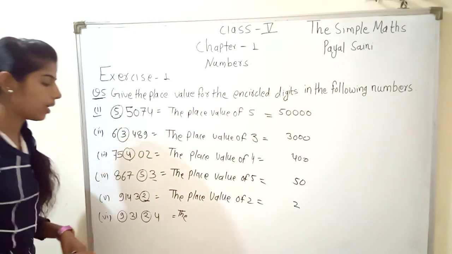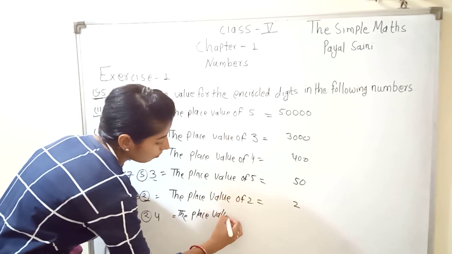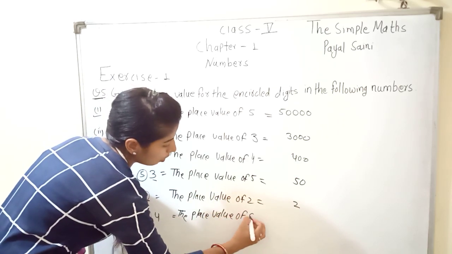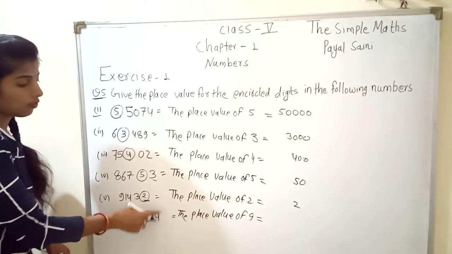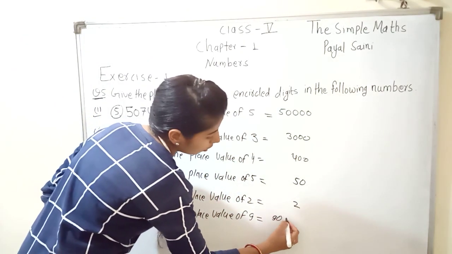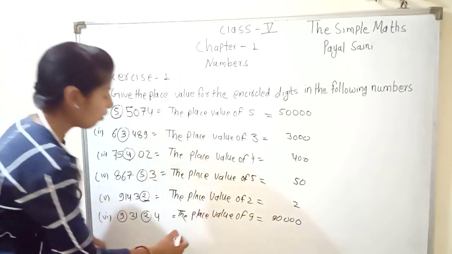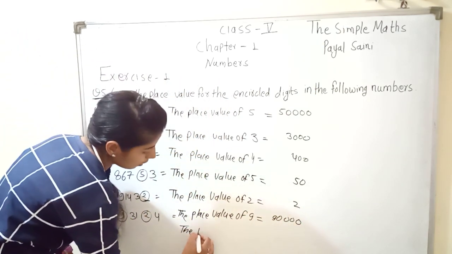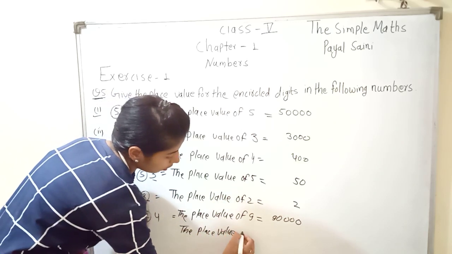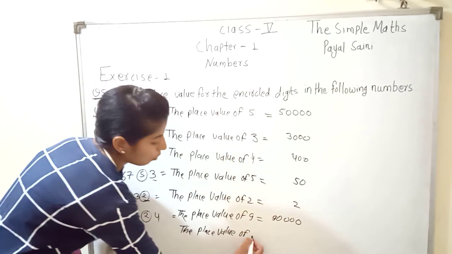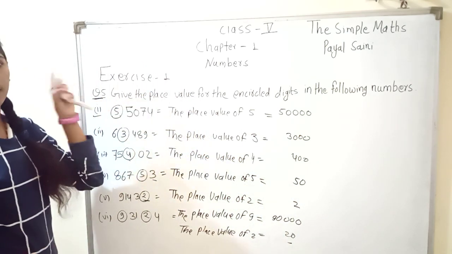First we write the place value of 9. After the 9, how many digits? 1, 2, 3, 4. Then we write 9 followed by 4 zeros. And next, the place value of 2 is equal to 20. Like that, your question number 5 is complete.